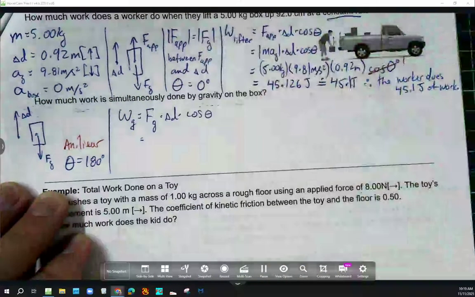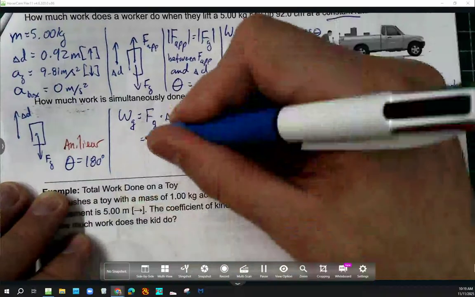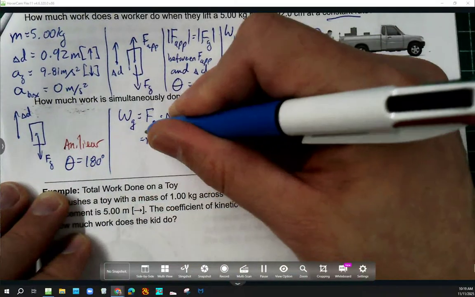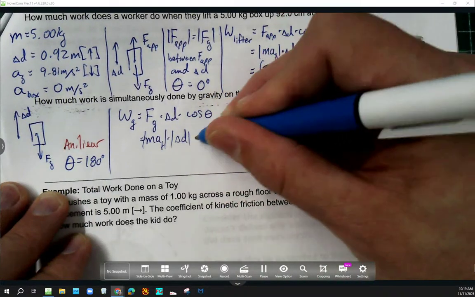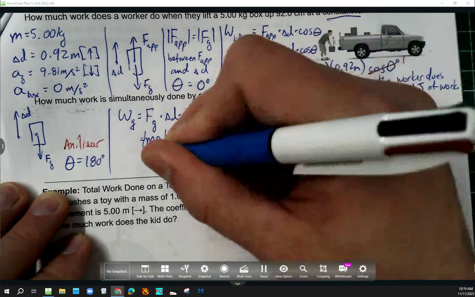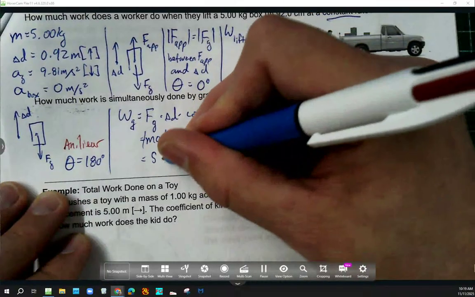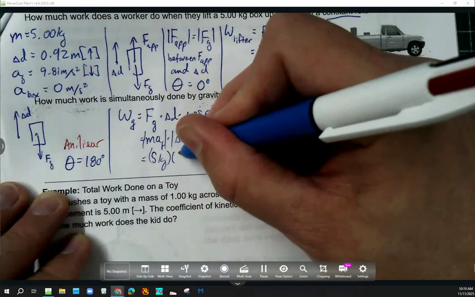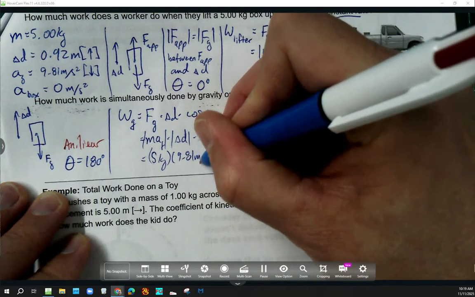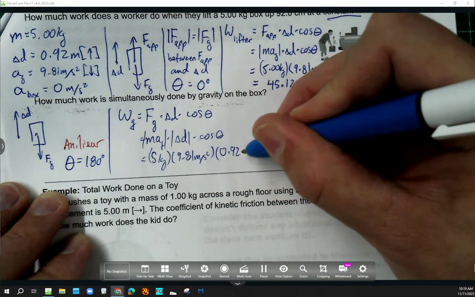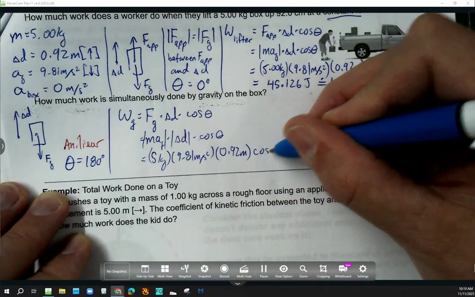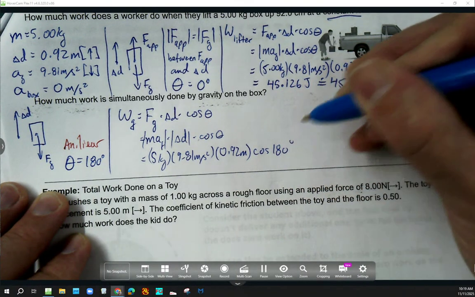Well, I've already done some of the number calculations on this one, but it's mass times acceleration due to gravity, magnitude of, times the magnitude of the displacement, times the cosine of theta. And if I sub in my values, 5 kilograms times 9.81, displacement of 0.92, but the cosine of 180 degrees, I feel like we've been here. What's cosine of 180?